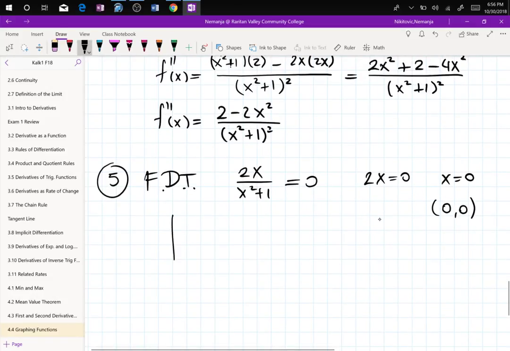We partition the domain, negative infinity to positive infinity. Pick our test values. You can do negative 1 and 1. You can pick whatever you want. Doesn't matter.